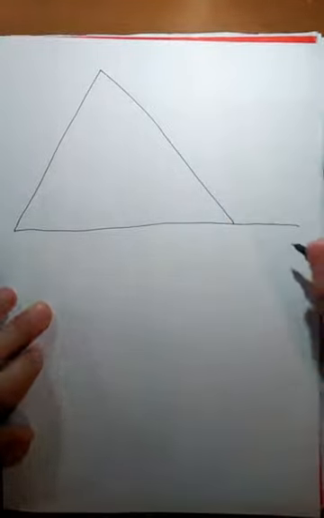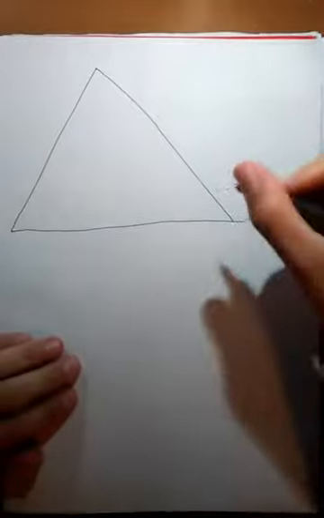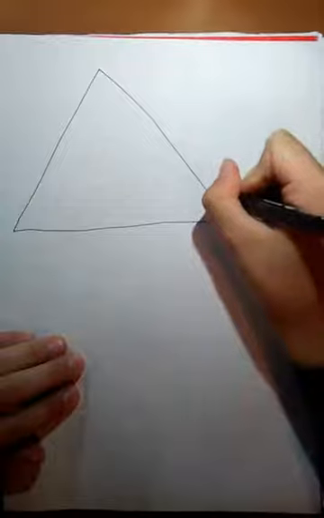Say we have an acute angled triangle with a line coming out like this, and we had these angles. And I'm going to label them.